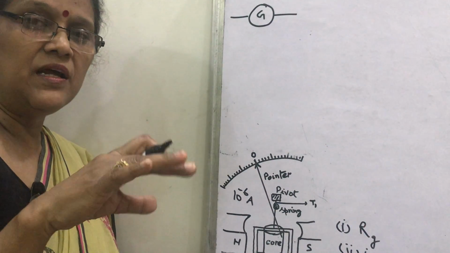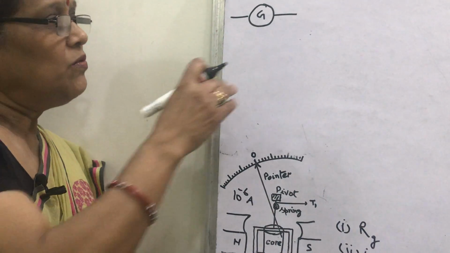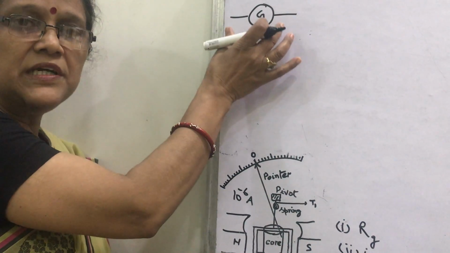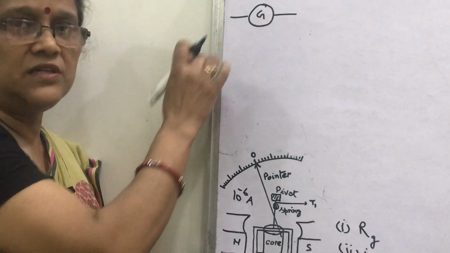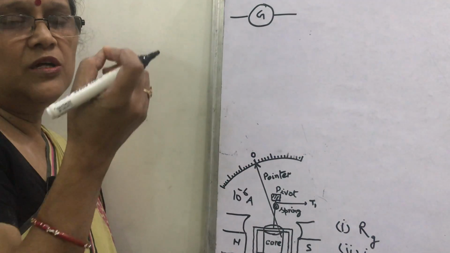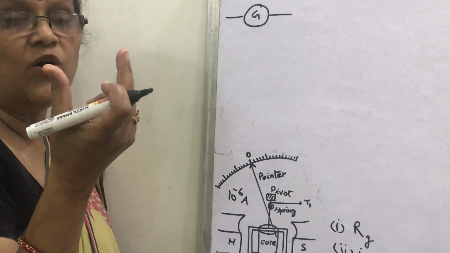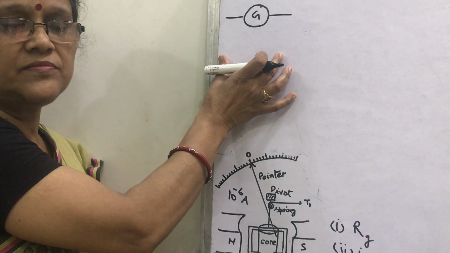An ideal ammeter has zero resistance. So what should you do here? You have to reduce its resistance, and to reduce its resistance, a small low resistance wire called a shunt is to be connected in parallel.